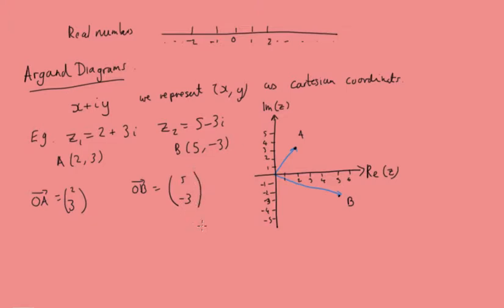Now, this is going to lead us into a whole new way of representing complex numbers. So we're going to look at 3 different ways of representing a complex number. So the first way is what we've been doing, called the Cartesian form.